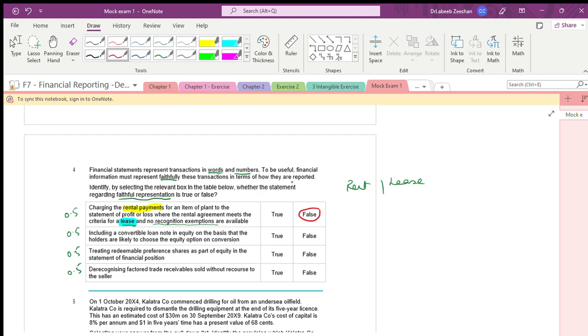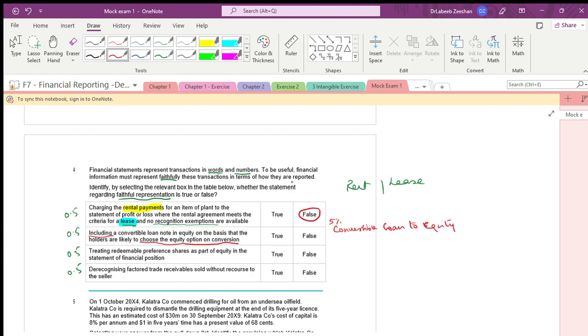Including a convertible loan note in equity on the basis that the holders are likely to choose the equity option on conversion. Including a convertible loan note in equity. When you are talking about a convertible loan, they will say 5% convertible loan to equity.